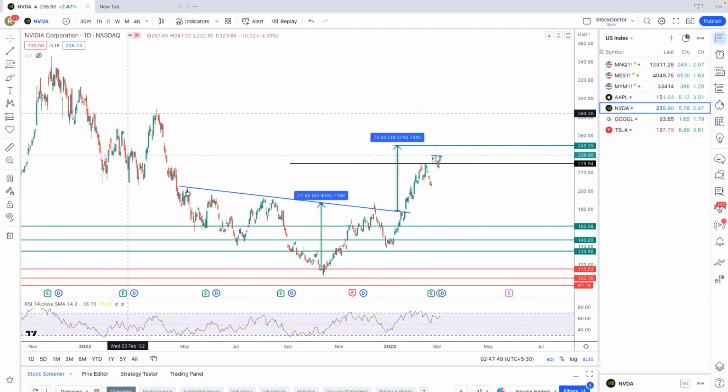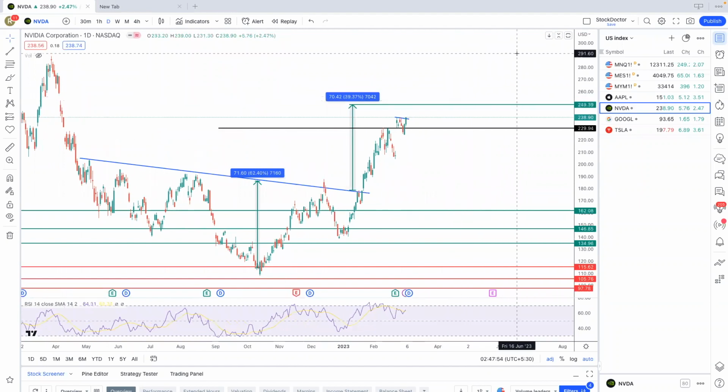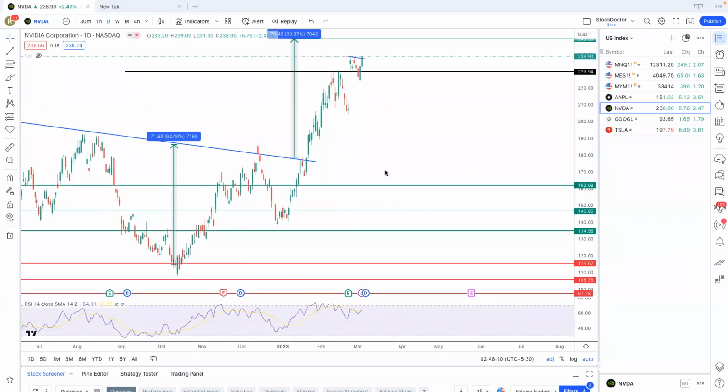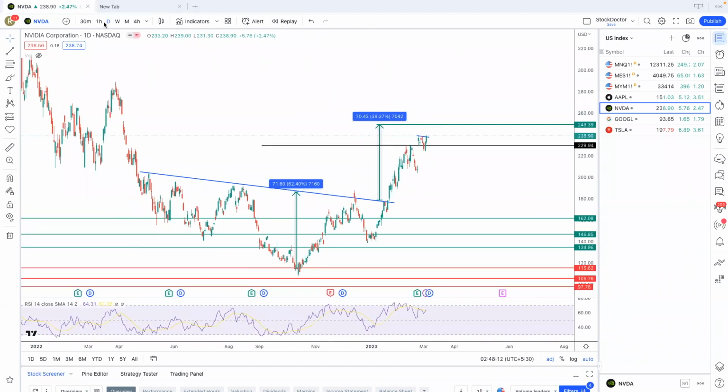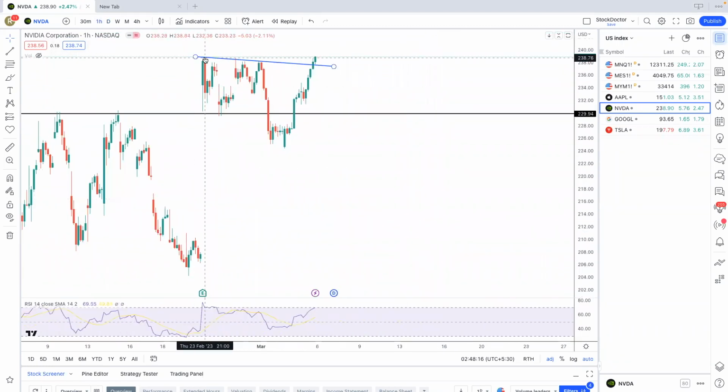If we see Nvidia, I clearly mentioned on our Discord channel that on trading and sustaining above $230, Nvidia has the target of $250. This is the first target. So Nvidia is trying to move toward that target. Nvidia looks strong on the charts, and on the hourly chart, it has broken the trend line.